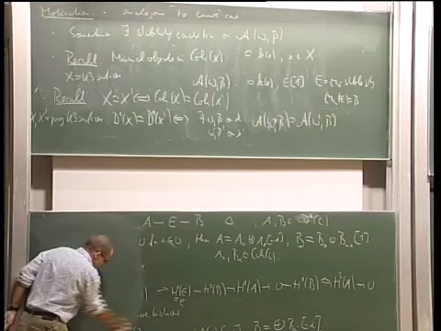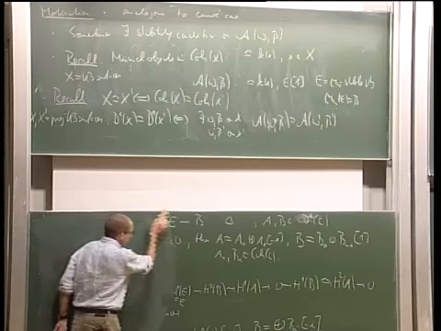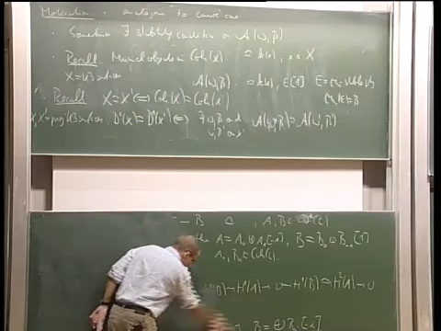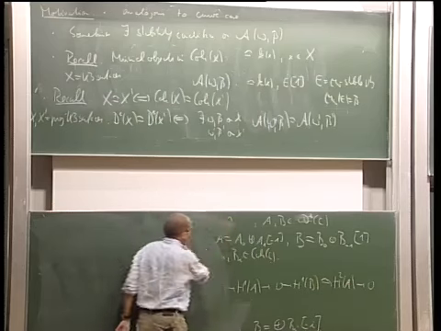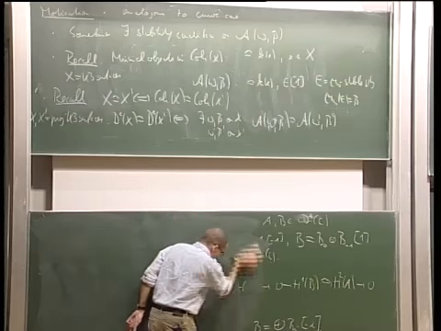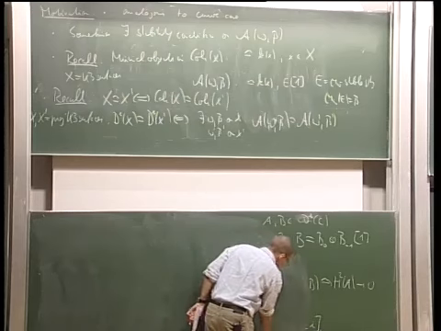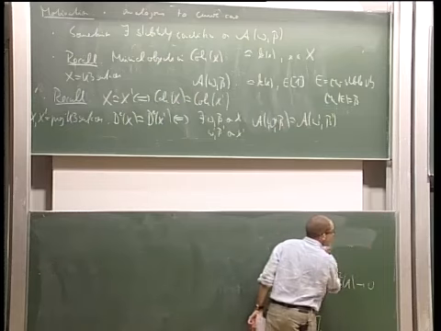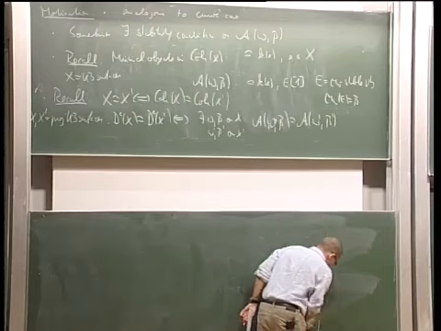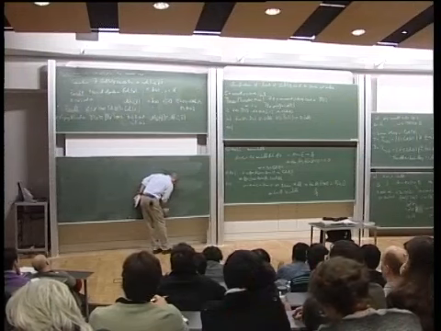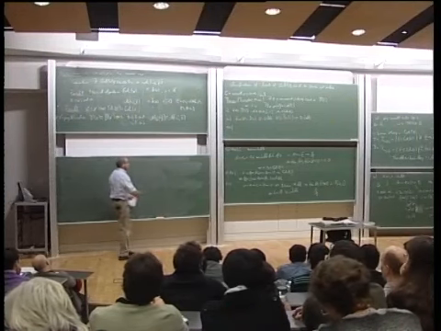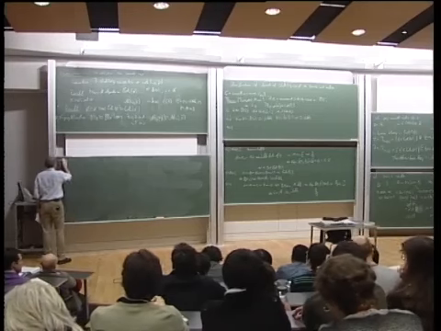Bridgeland, actually showing that if there is any stability condition with some of the nicest properties you could have, or a very basic property, then the heart of this has to be this category. So this is the following theorem.